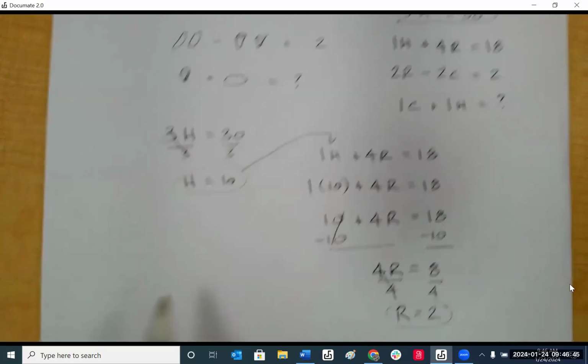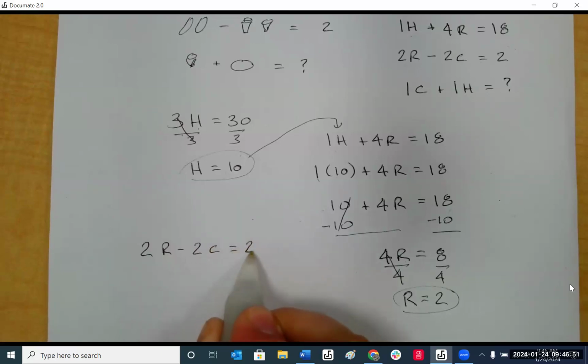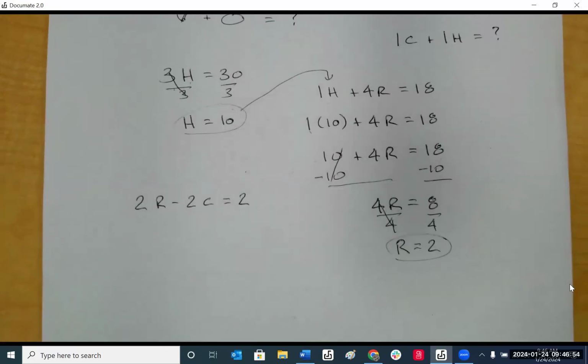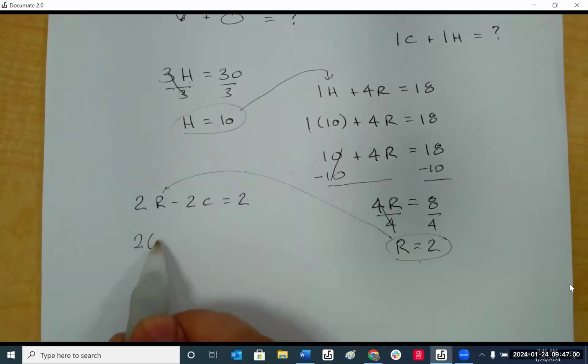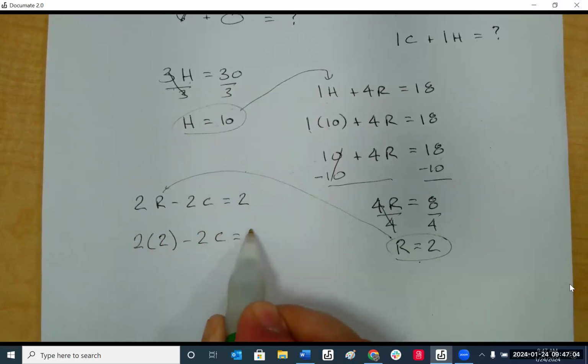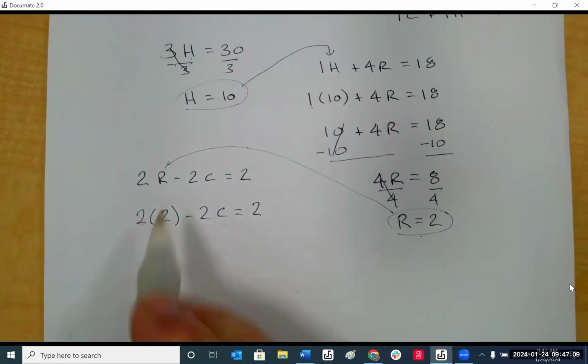Now we have this equation. We have 2R minus 2C equals 2. We know that R equals 2. Two times 2 is 4.